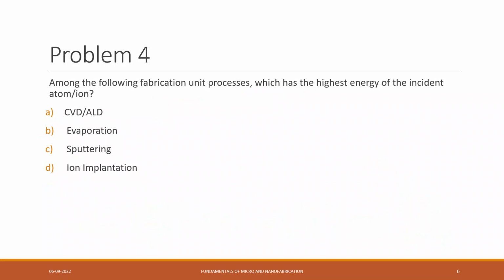Let's go to the next one. You have to tell which one among these processes has the highest energy of incident atom or ion. We essentially saw that we can modify our silicon substrate using different methods.